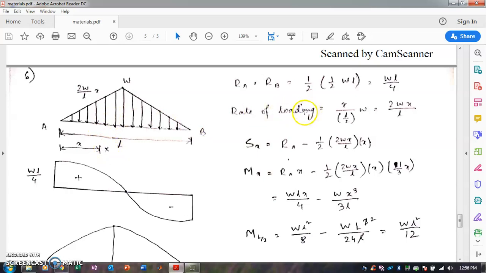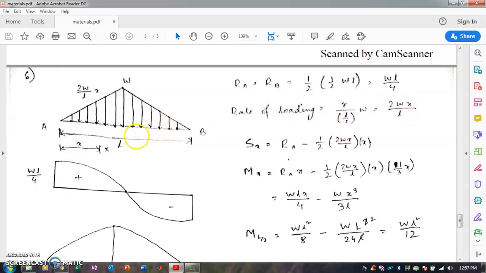That was x by L into W, but here the value of W is reached at a distance L by 2, not L. So there the rate of loading is x by L by 2 into W. This is the rate of loading. So at a distance small x, the load will be 2Wx by L.